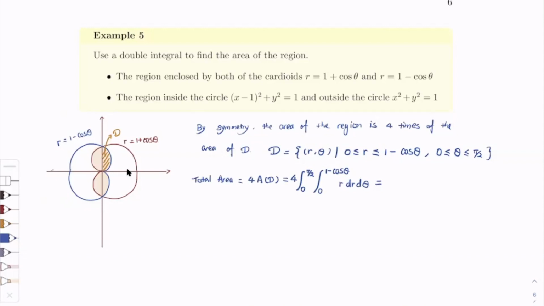Yes, I just mentioned that. When your f of x, y is 1, then it's calculating the area instead of the volume. It's in the textbook as well. Let me get your textbook and I'll tell you the page.